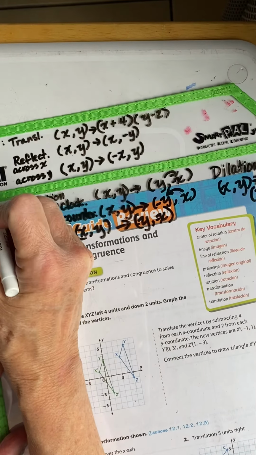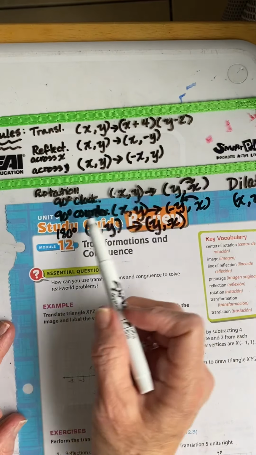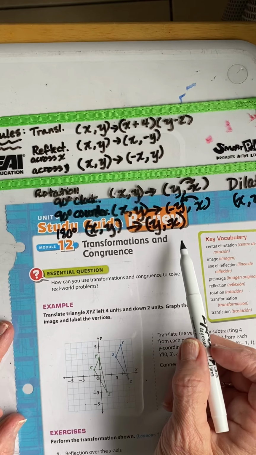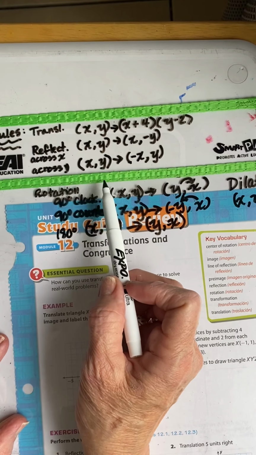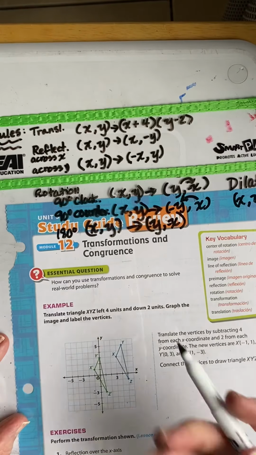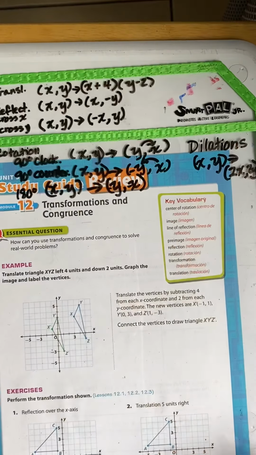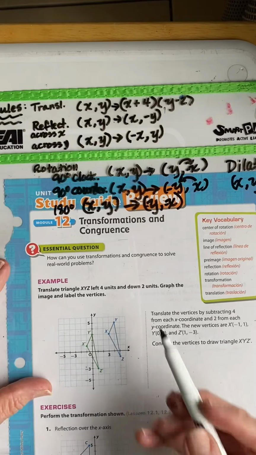Remember all that? We were going to be ready for our 8th grade STAR test, because with translation comes the rule that tells what happened to X, Y. They don't really address it that much in the lesson, but we're going to use that as a little guide to help us take a look.